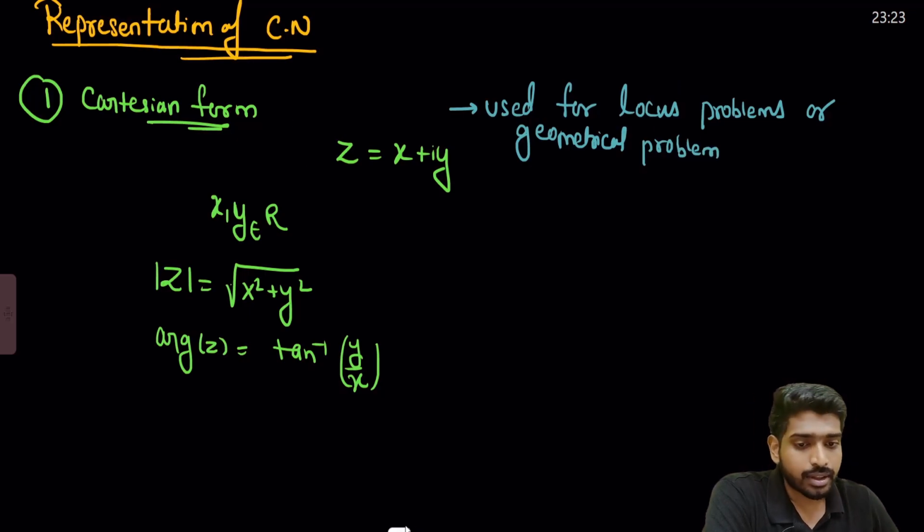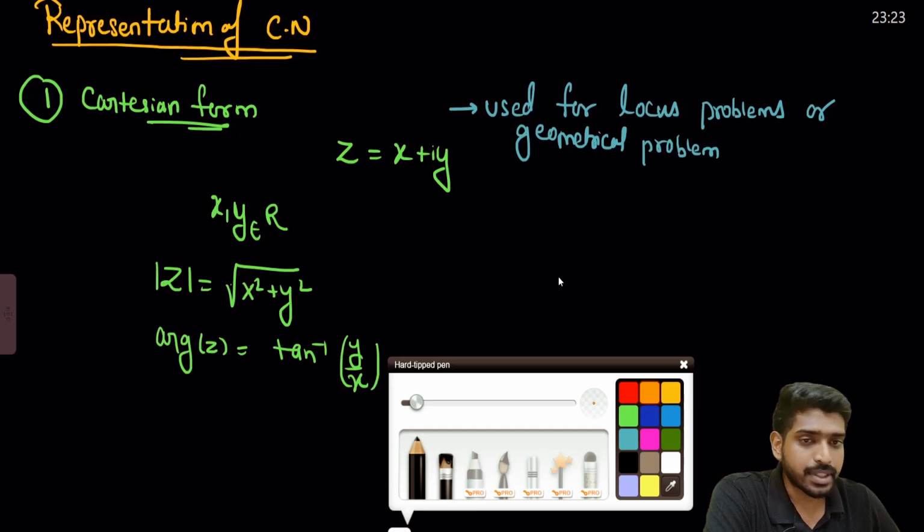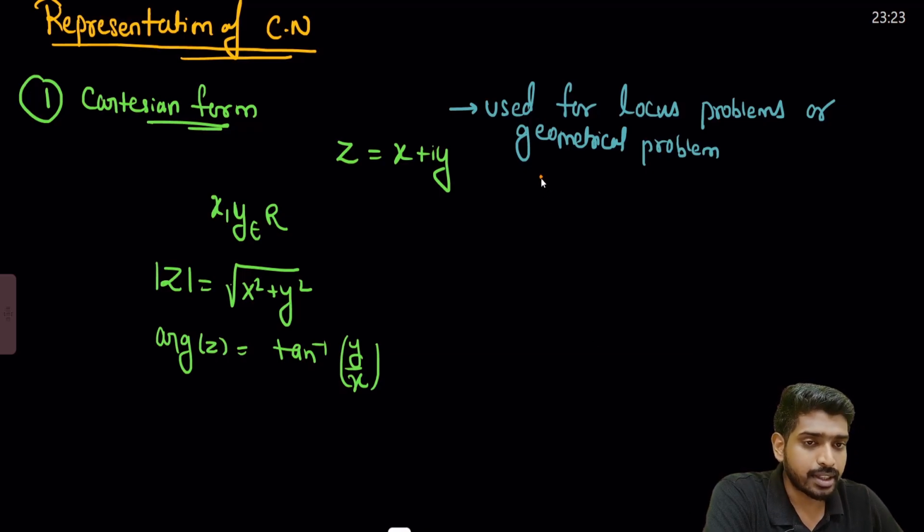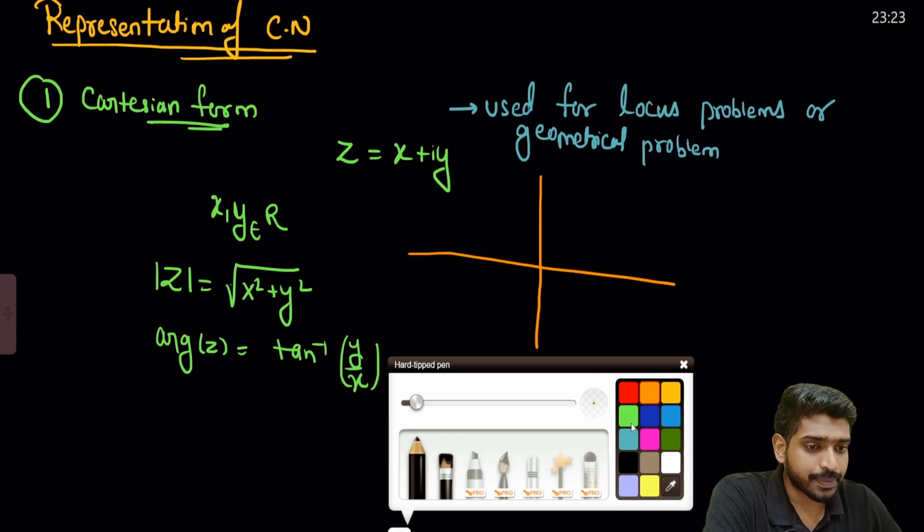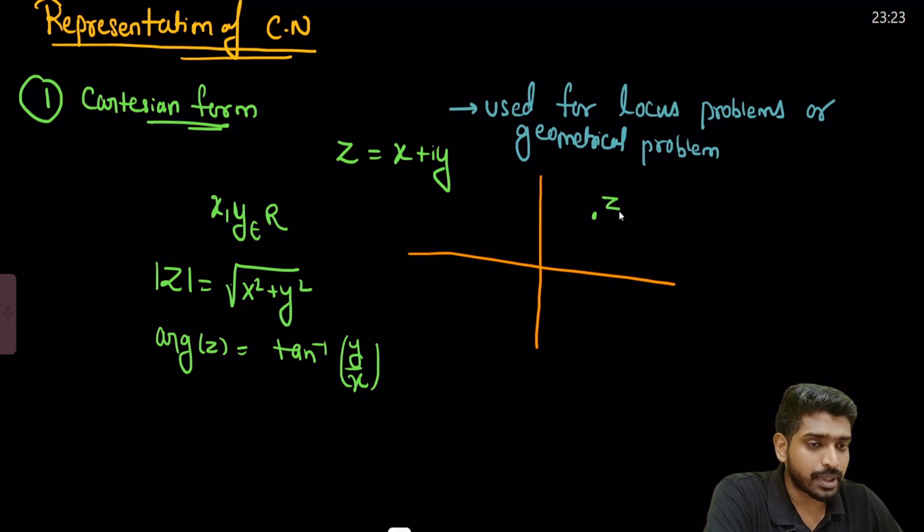Got it? If I try to represent this complex number z in the complex plane, I have drawn the y axis and the x axis, and if I plot the point x comma y somewhere here, I'll get the complex number z. This is my x axis or real axis. This one is my y axis or imaginary axis.